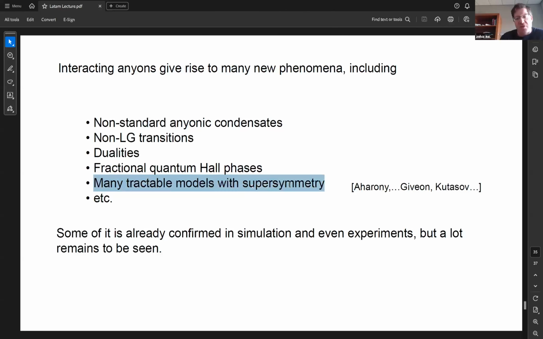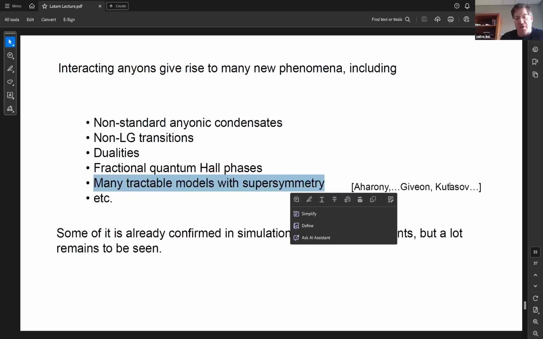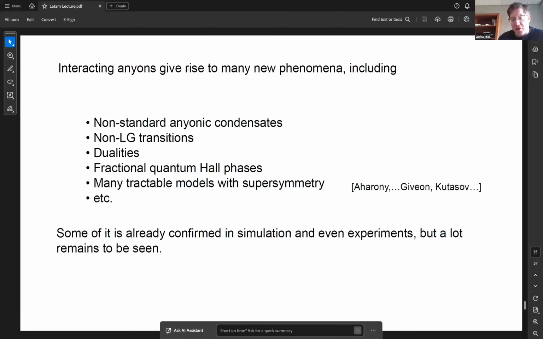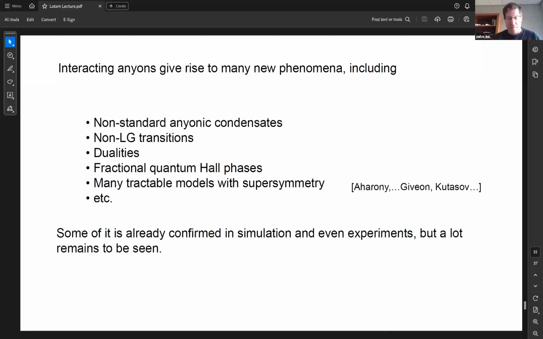I didn't discuss supersymmetry, but there is vast literature on anyons with supersymmetry. You can look up some papers by Giveon, Kutasov, and Aharony. There is also vast literature on the connections with holography by Jian Yin. I can write it here.